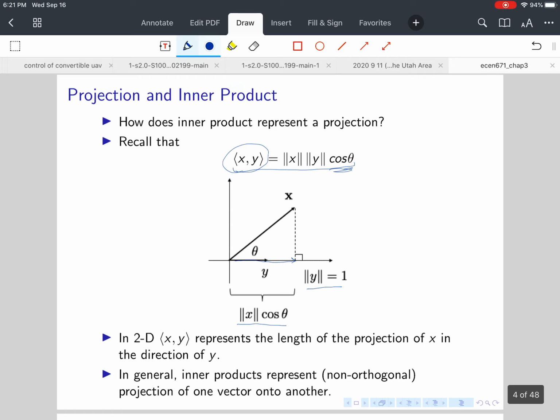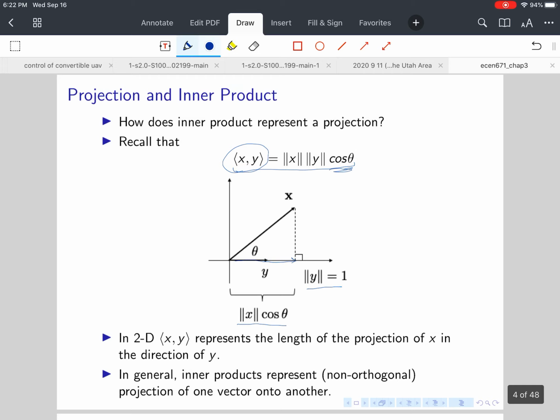So in 2D, basically an inner product represents the length of the projection of x along the direction of a unit vector y. Now, in general, if y is not a unit vector, or if x is not a unit vector, then it's a non-orthogonal projection of one vector onto another.